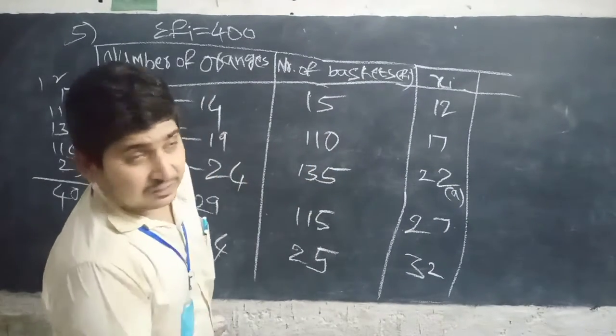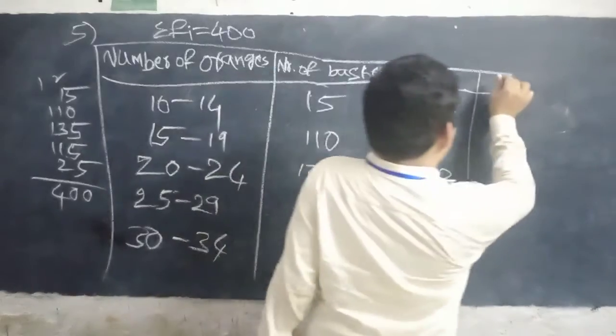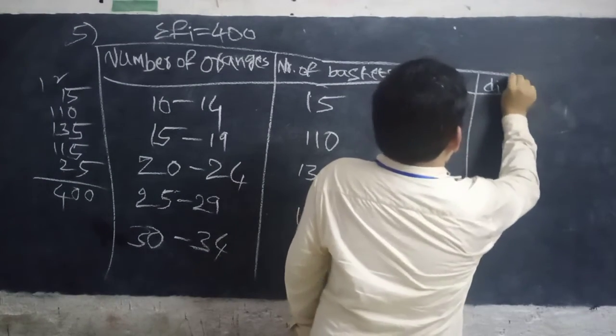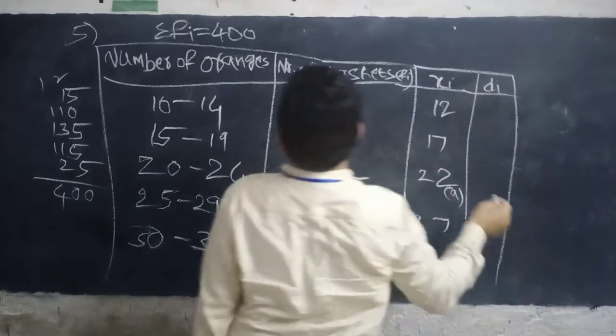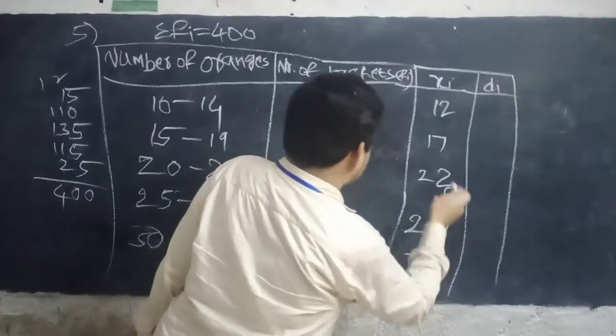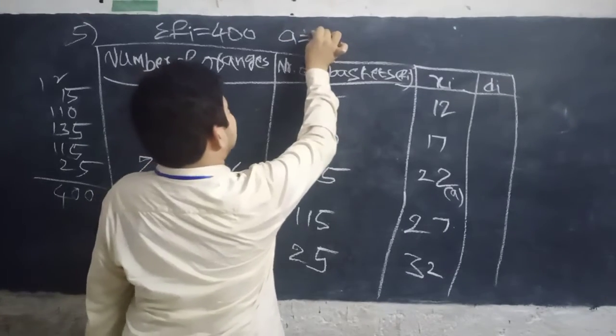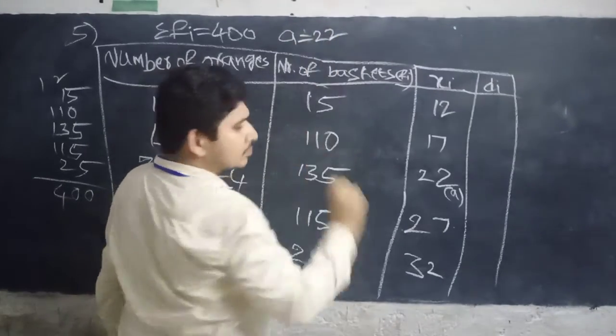Now what you have to find is dA. dA equal to what? Xi minus A, where A equal to 22.